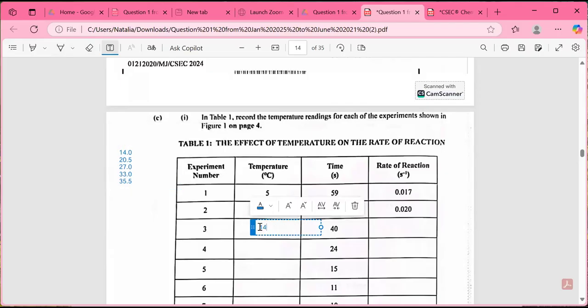So we have 14, then 20.5 for experiment, 27.0, then 33.0, then 35.5.